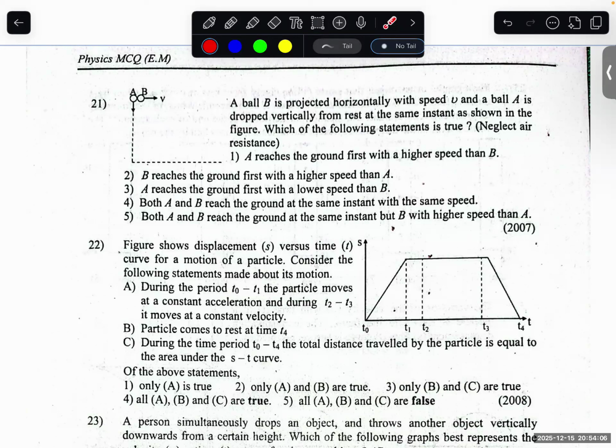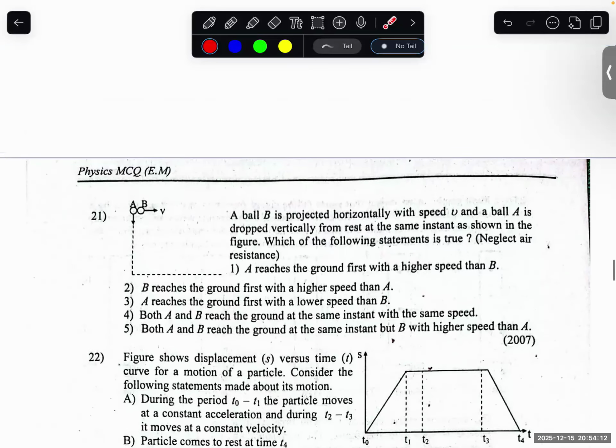Now, first, look at the time. What do you think? As a student who has done adequate practice in projectile motion, what can you say? Same time. Yes, same time. Because ball A is just dropped, so no initial velocity vertically.